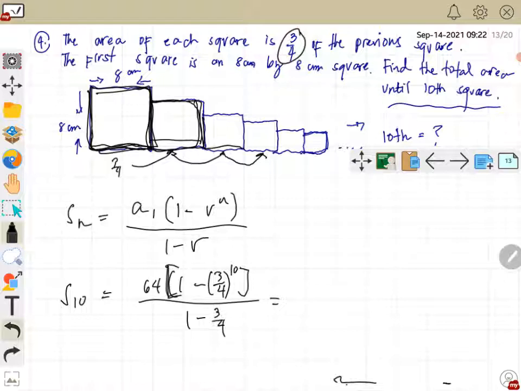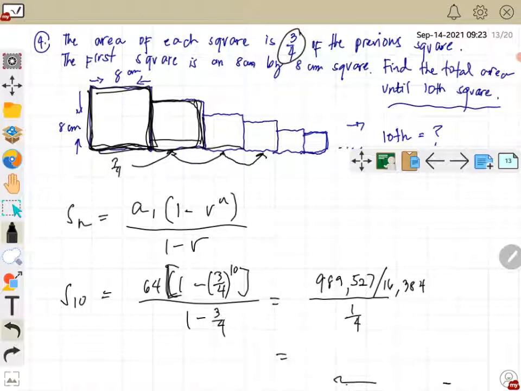After we input that in the calculator, we get 64 times 1 minus 3/4 raised to 10, which is around 989,527 all over 16,384. 1 minus 3/4 is 1/4.